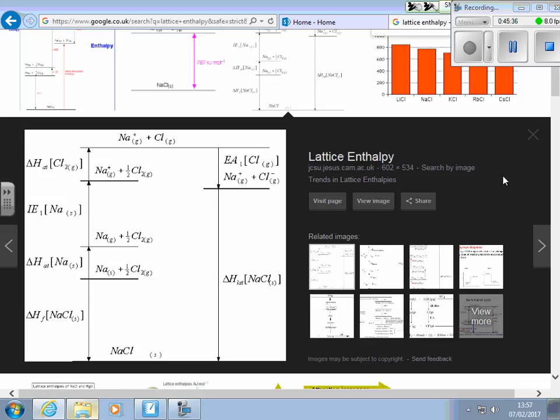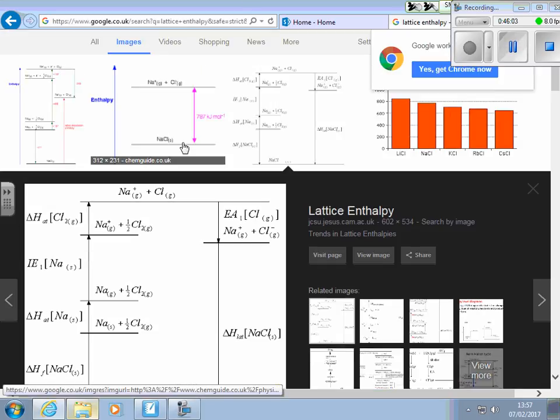And we are left with the lattice enthalpy, and we can then take a route around the diagram, like we could take different routes around those thermochemical cycles for Hess's law. This is exactly the same sort of process. So that's what it's going to look like in the end, and then I'll give you some more examples, and the more of these you see, the more you'll get the hang of it.